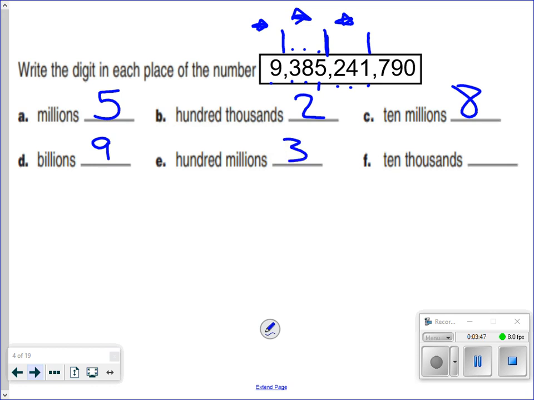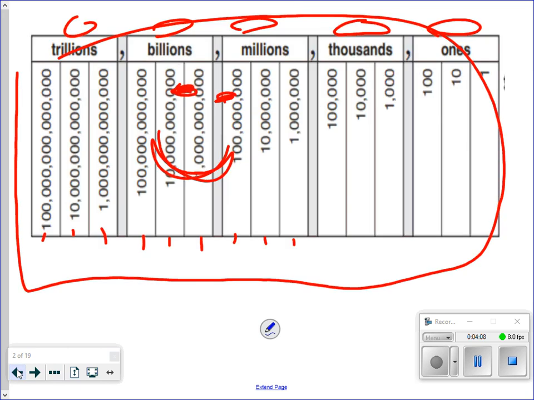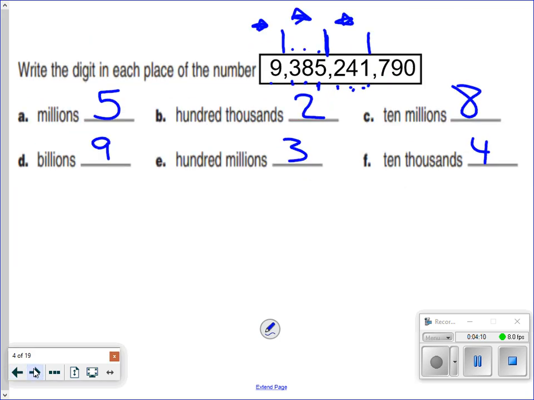Let's look. 1 million, 10 million, 100 million. 10,000s. 1,000, 10,000, 100,000. So we are at the 4. I'm making this look pretty easy. Some of you might struggle with this a little bit, but as long as we understand this chart right here, we'll be golden. Next problem.